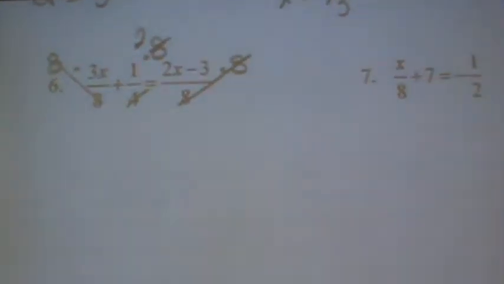Number 6. Number 6, we're going to multiply through by 8. So when we multiply through by 8 on this first one, the 8's cancel out. The second one, 4 goes into 8 twice. And in the last one, the 8's cancel out.